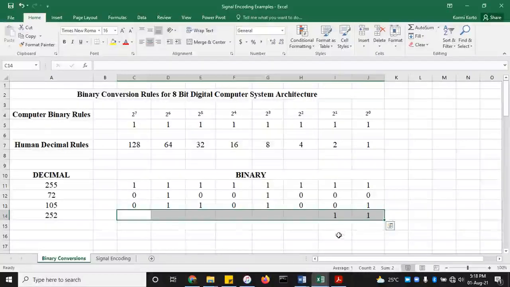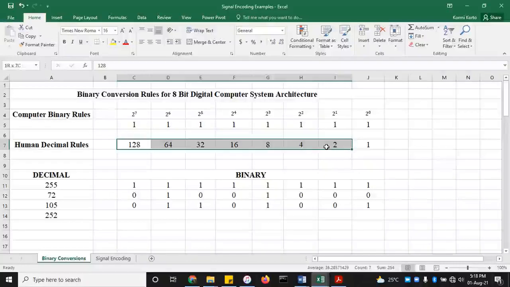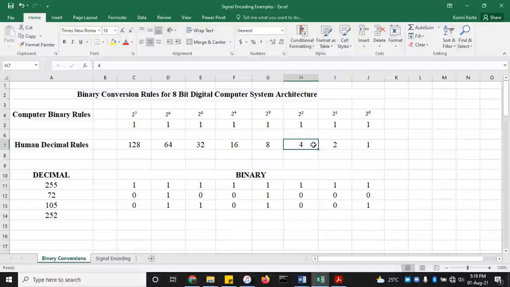It means that all the bits from the 8th bit all the way up to the 3rd bit need to be switched on. It's only the last 2 bits that need to be switched off. You get it? Because it's 252 out of 255, which is 3. So 3 is the only value that needs to be taken off to achieve the 252.